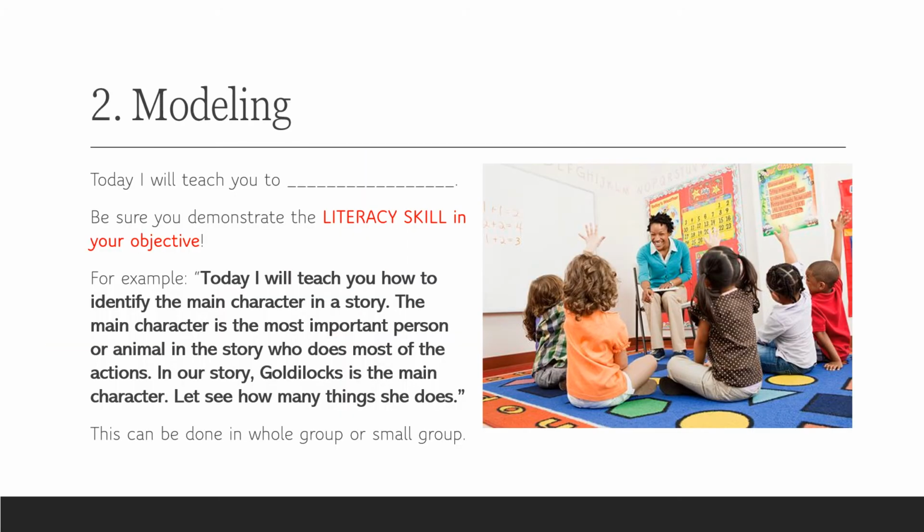After you've gotten the kids excited about the lesson, then you move into phase 2, which is the modeling. And you want to directly teach the students the literacy skill that's in your objective. It's helpful if you say, today I will teach you to blank, and put in that literacy skill. Now, why are we being so direct in our teaching here? Well, because literacy is social knowledge and it must be modeled and taught directly to the children.